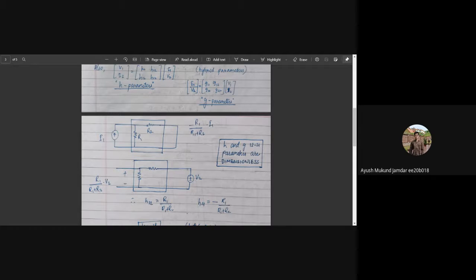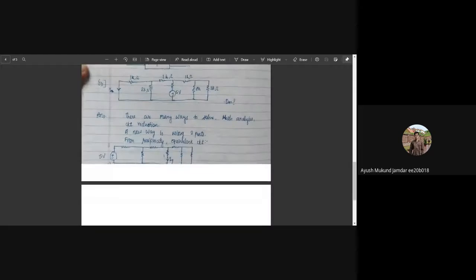And H21 will be equal to minus R1 by R1 plus R2, and it is evident that H12 is minus H21. Since the reciprocity theorem validates this, this is how it works. Applying it in bigger two-port networks makes the circuit analysis much simpler. Let's see this with an example.